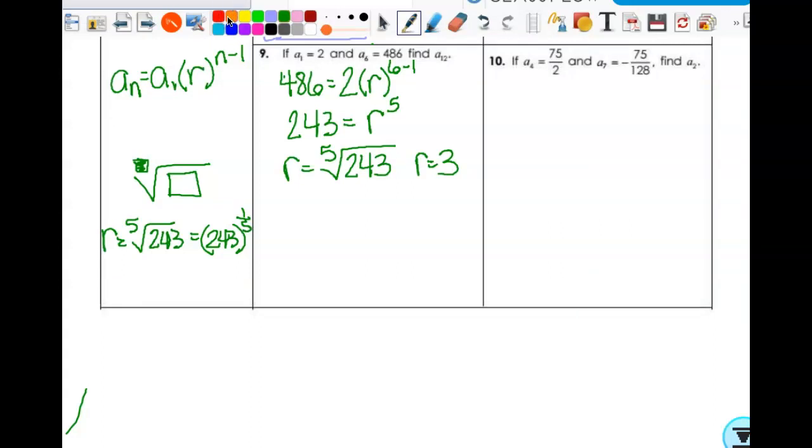All right, so now I want a sub n. That's going to be equal to the first term, which is 2, times 3 to the n minus 1 power, which means when I go to find the 12th term, that is equal to 2 times 3 to the 12 minus 1 power.